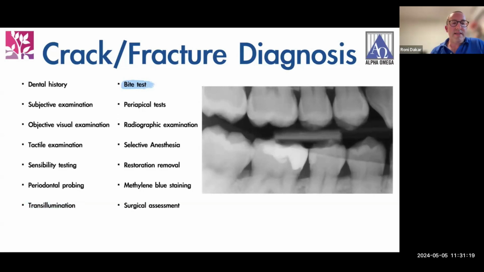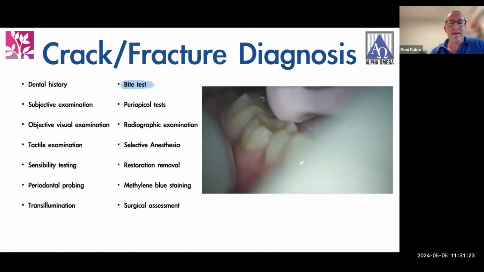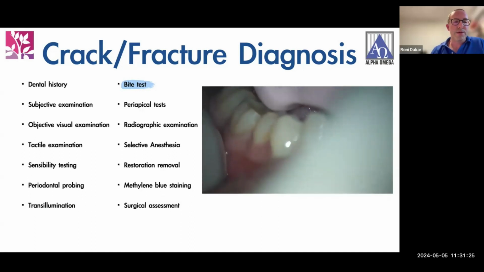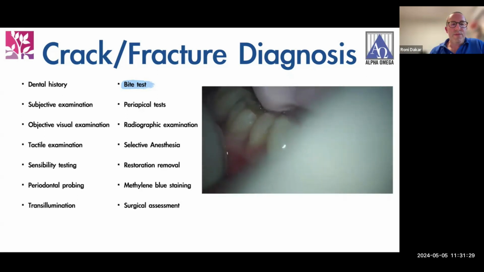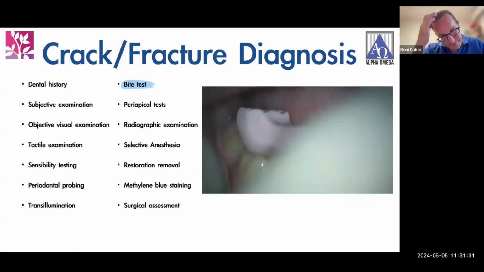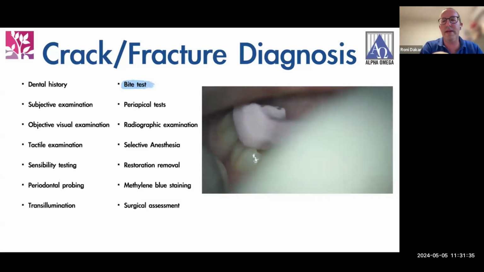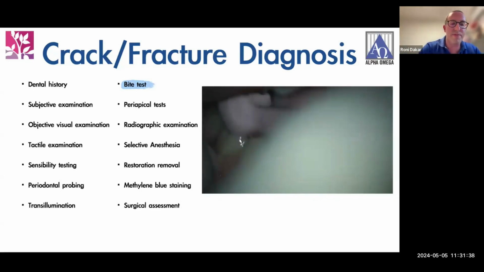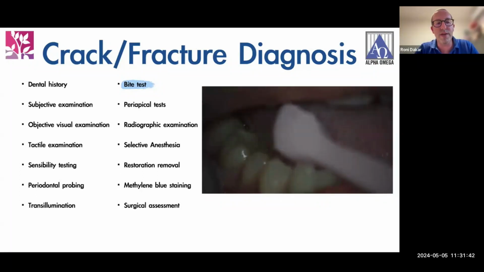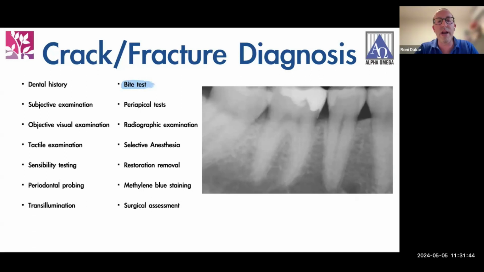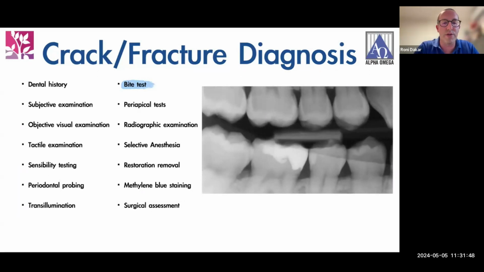Another important test is the bite test. The most important device in the bite test is the Tooth Sleuth. Here's a video of a patient who complained of sensitivity to chewing after restoration, with sensitivity localized only to the palatal cusps, and the sensitivity tests were normal.